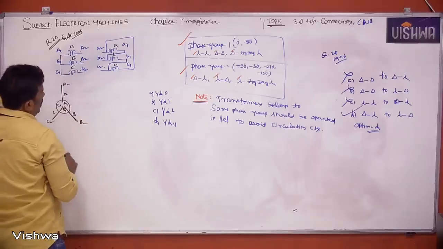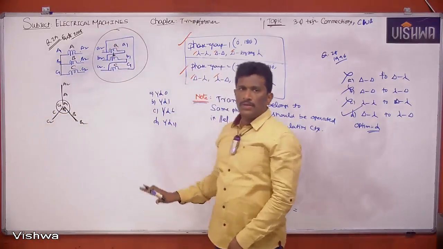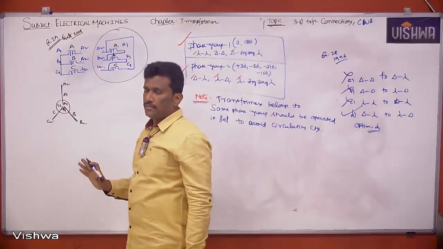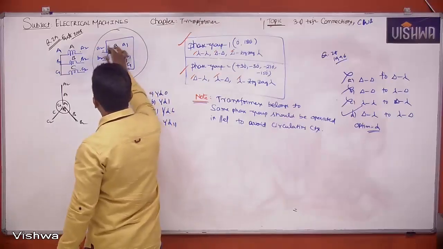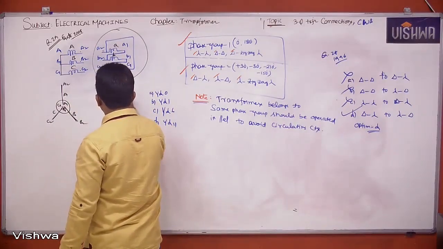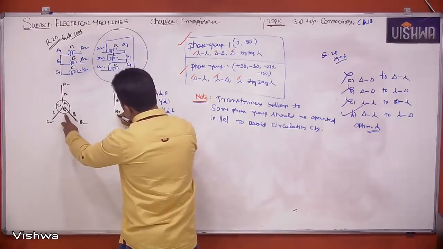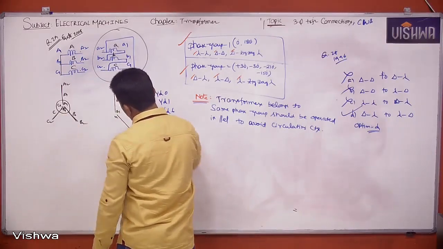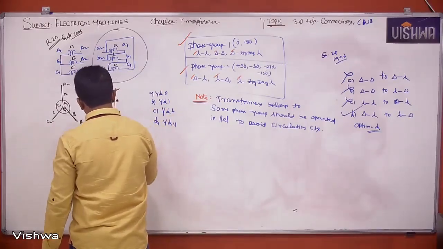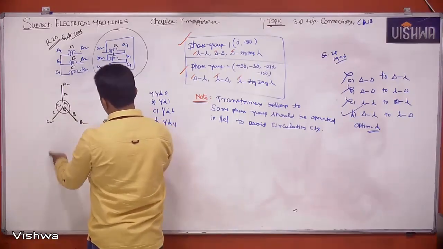Without considering the delta, you simply draw secondary vectors parallel to primary, as I told you. So small a1, a2 should be drawn parallel to capital A1, A2. B1, B2 should be drawn parallel to capital B1, B2. C1, C2 should be drawn parallel to capital C1, C2.